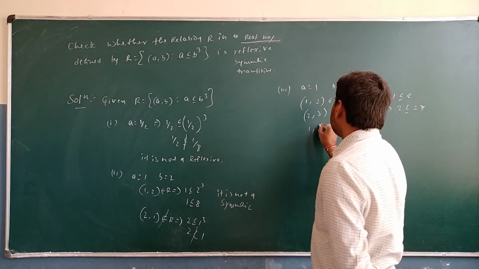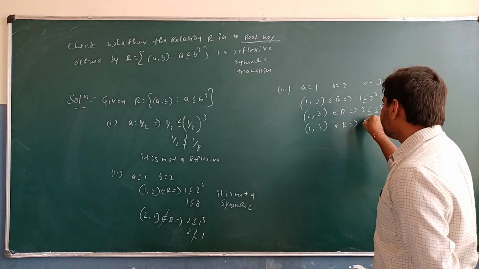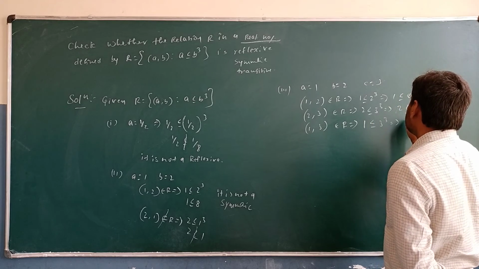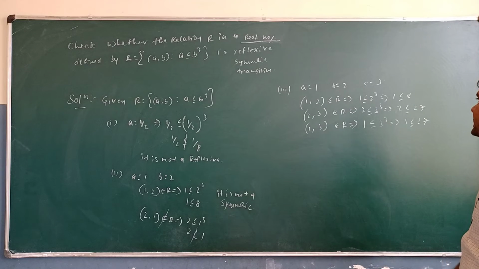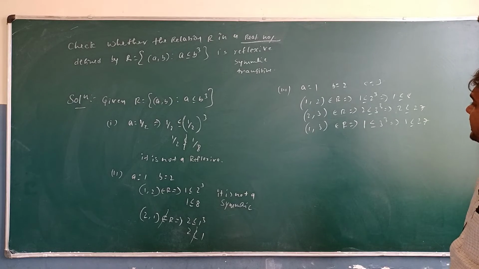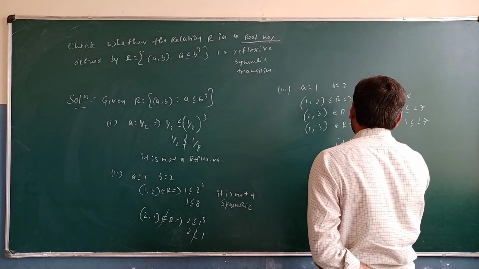Then what about (1, 3)? (1, 3) belongs to R. So we can say that 1 is less than or equal to 3 cube, that is 1 less than or equal to 27. So it satisfies every term. So (A, B) belongs to R, (B, C) belongs to R, and (A, C) also belongs to R. We can say that it is going to be a transitive relation.